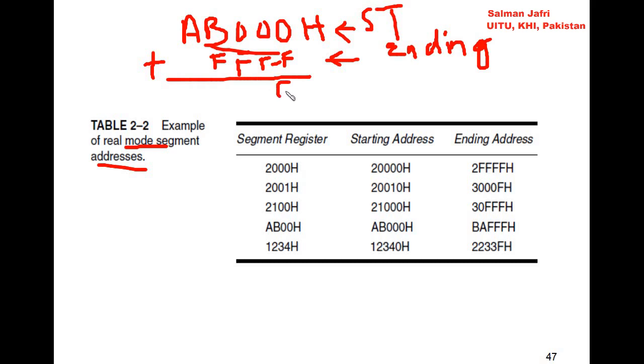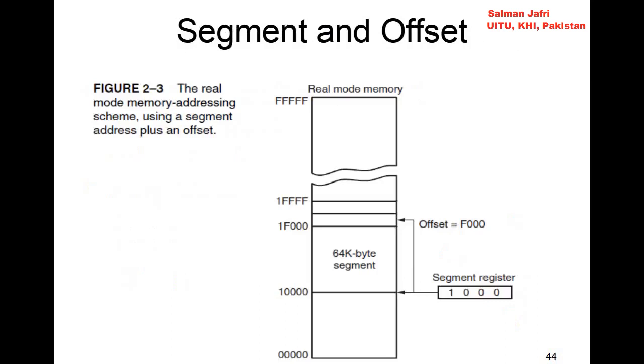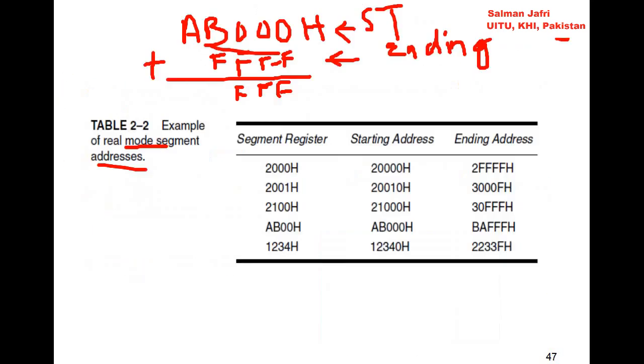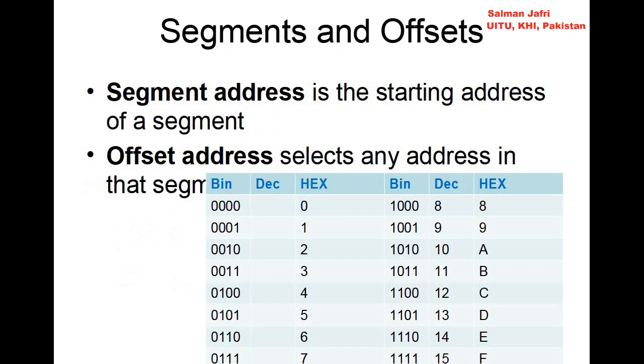It would be F, and then we'll add B to F, which is 15, and we can add the code of B, which is 11 over here.